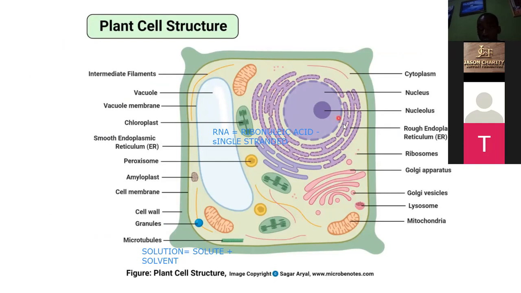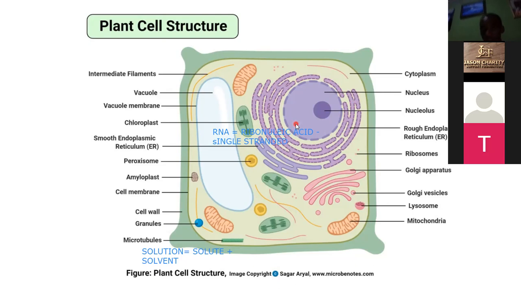This is the endoplasmic reticulum. All these tiny things you see are the ribosomes. They are responsible for protein synthesis. Look at the endoplasmic reticulum. You can see that there are tiny things that cover it. Whenever they are attached to the endoplasmic reticulum, which is short for ER, it is called the rough endoplasmic reticulum.